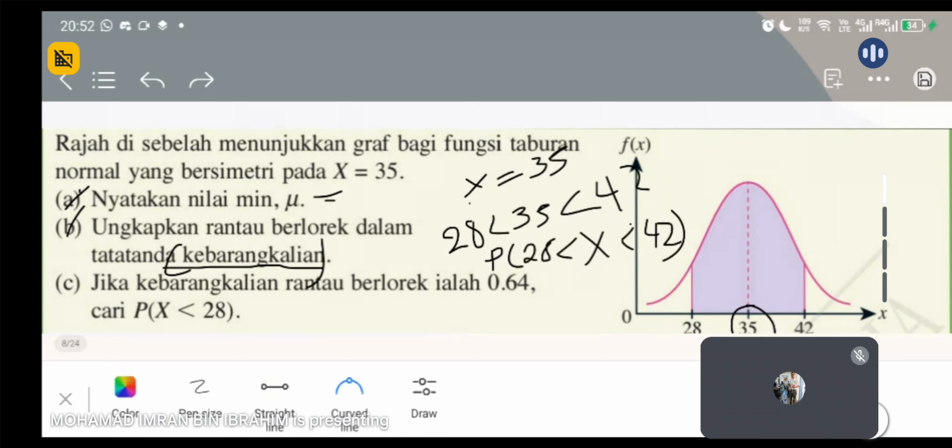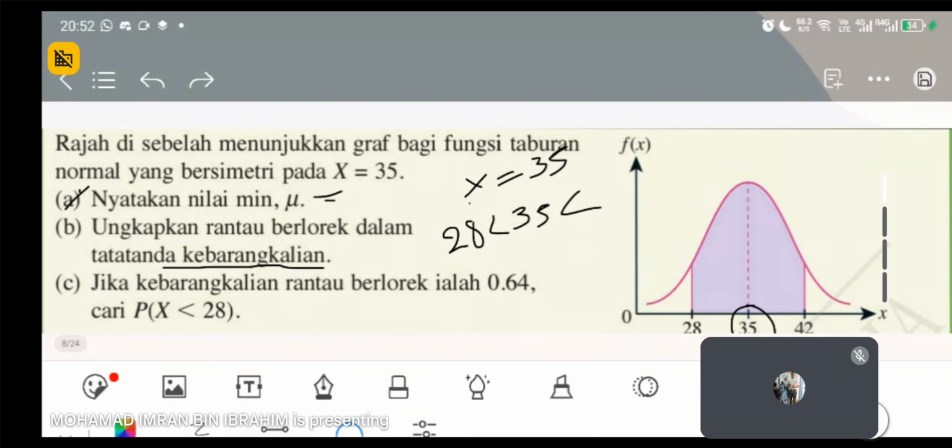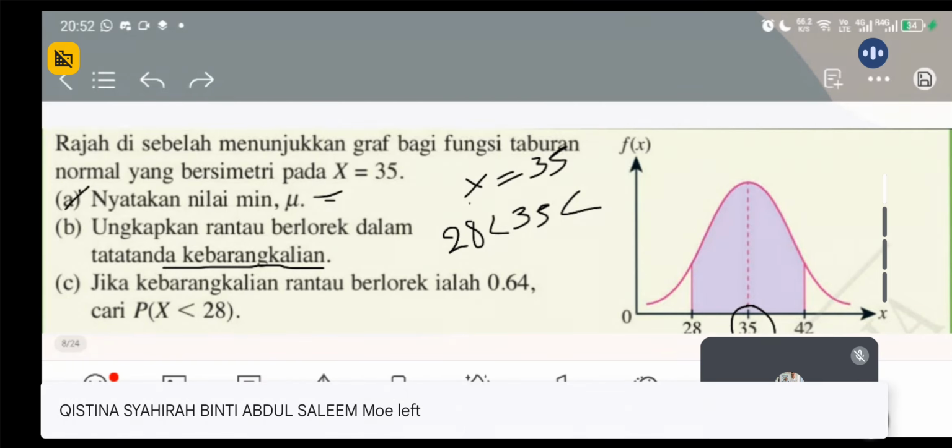Just for the sake of you guys seeing that on screen. Other than that, you guys can check the textbook.